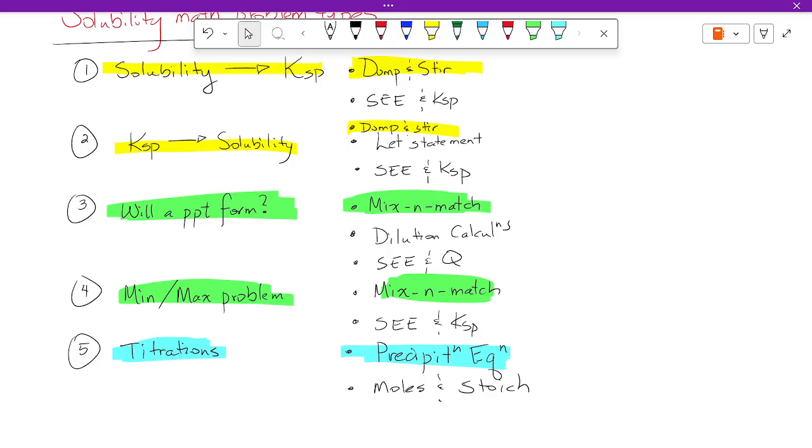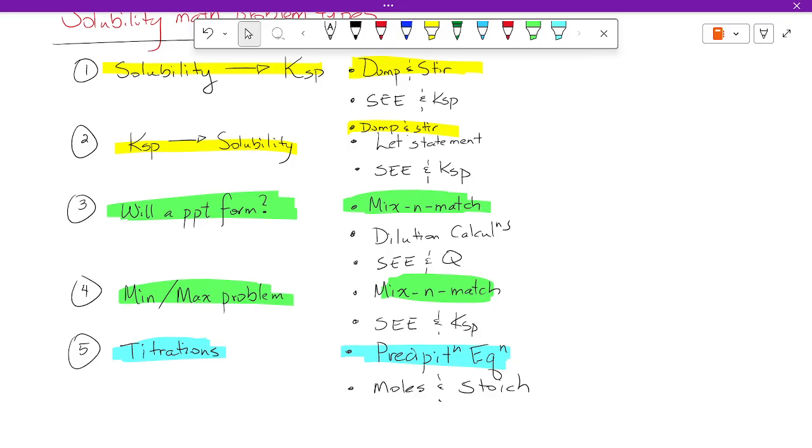Miss, I have a question. For the RICE table, do we use the ratio of moles or the ratio of the molarity? In a RICE table you use molarity, but molarity will be proportional to moles, right? Because it's moles per liter. Then what about in a titration equation?